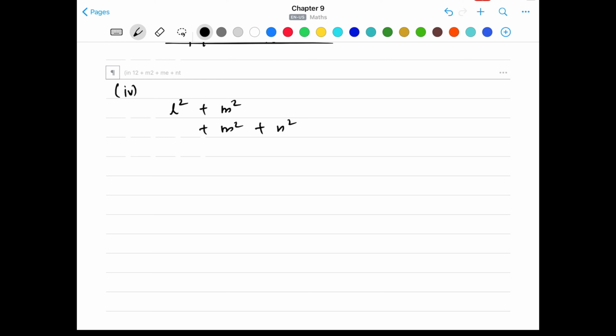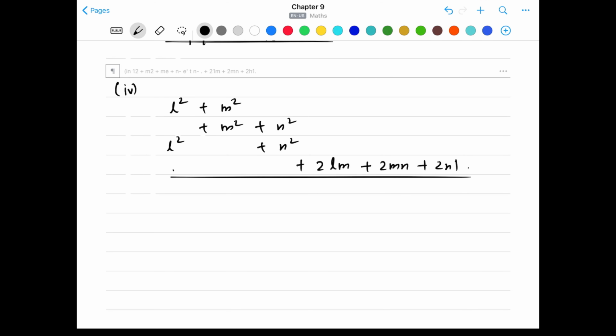In the next term we have N square, so N square will be written below N square. Then we have L square, that will be written again below the L square. Like terms will be written one above the other. And the fourth expression is 2LM. We don't have an LM term above, so we'll write 2LM, and we have 2MN, and we have 2NL. Since we don't have any like terms for these in the above 3 expressions, we'll add all of them at the end.